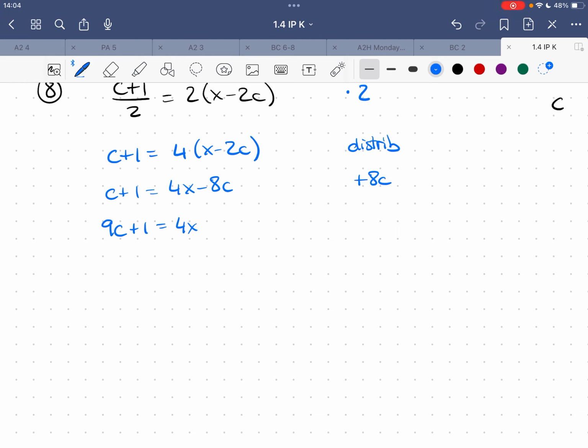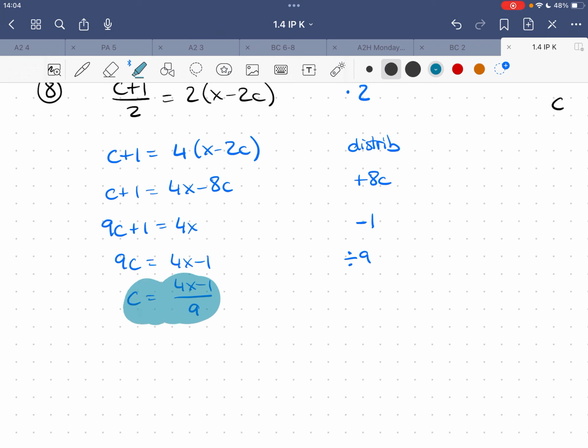And then I'm going to subtract 1. 9c equals 4x minus 1. And then divide by 9 both sides. So c equals (4x minus 1) over 9. There you go.